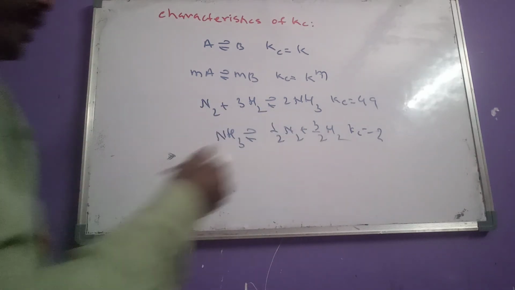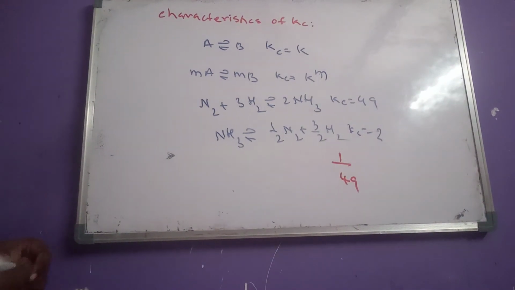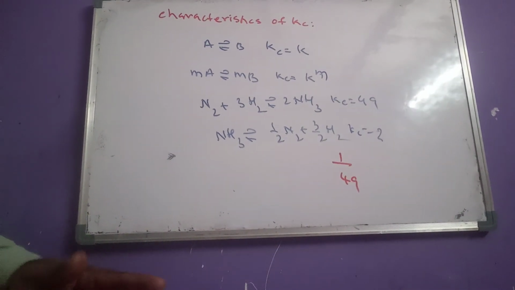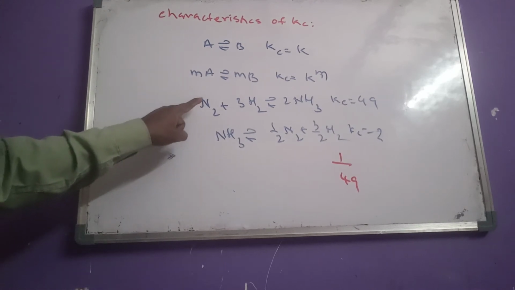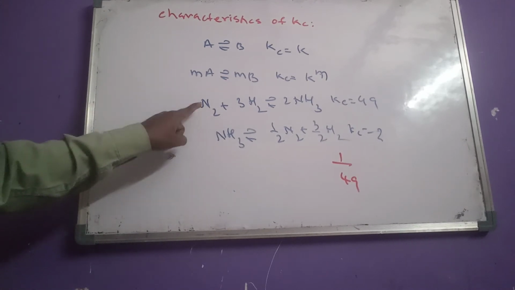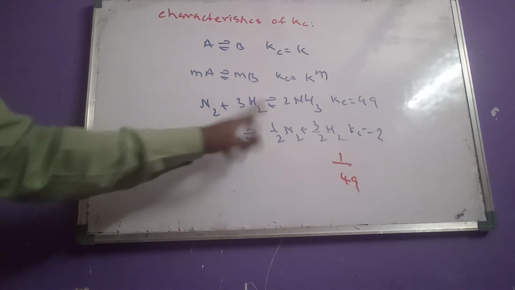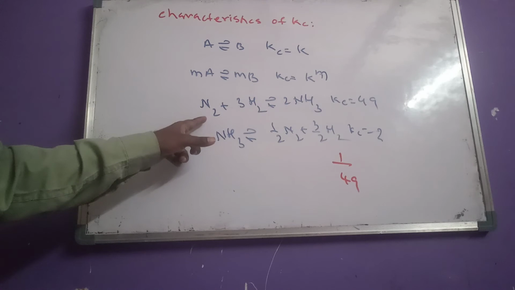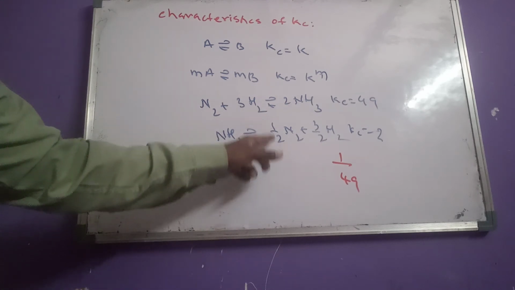So we first get 1 by 49. And not only that has occurred here, another thing also we have to observe. In the original equation N2 is there, but in this equation half N2 is there. That means the first equation is multiplied with a factor of 1 by 2.